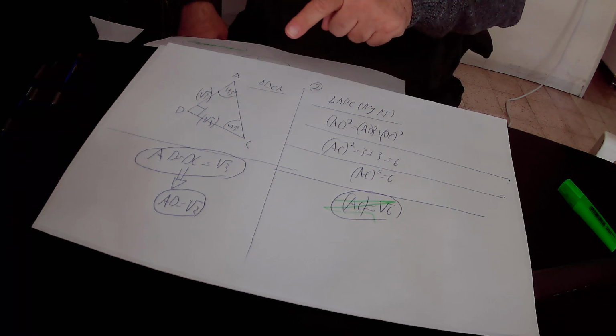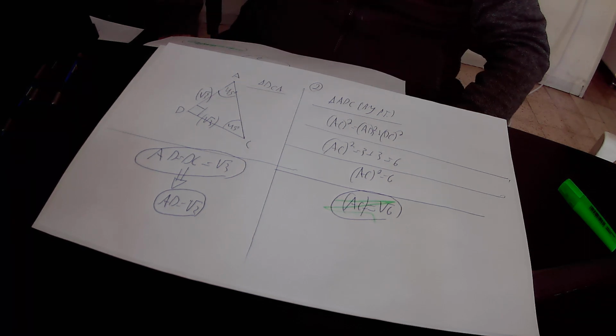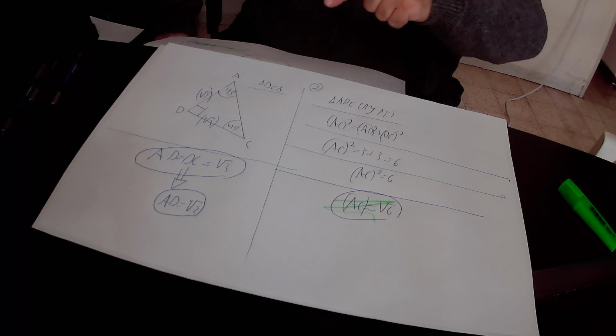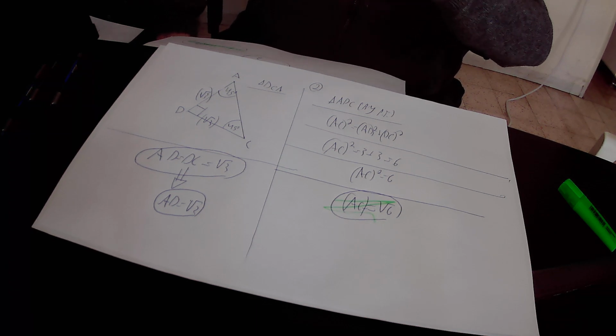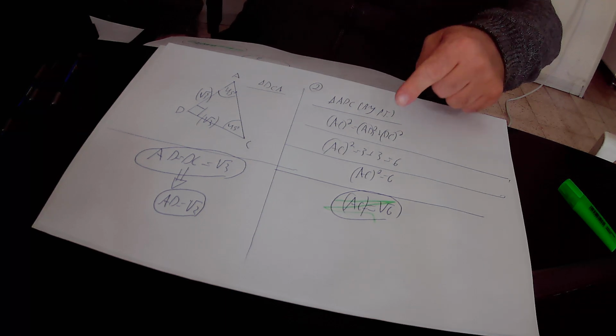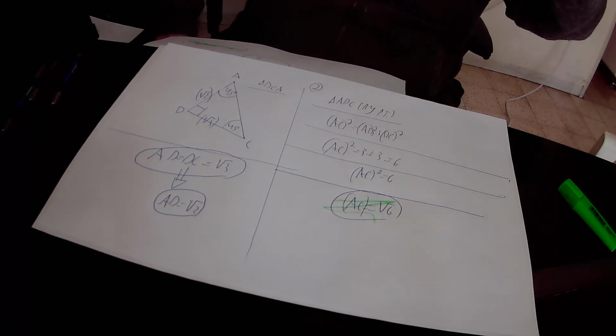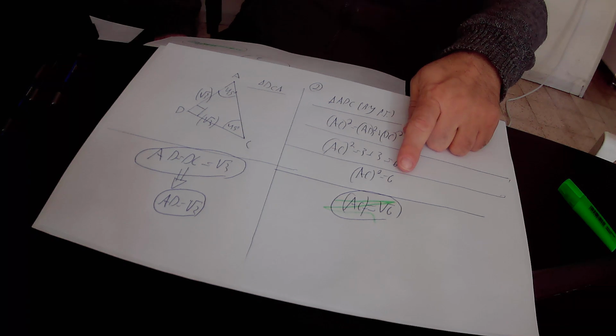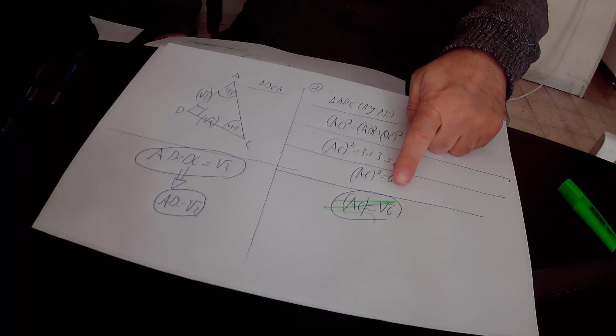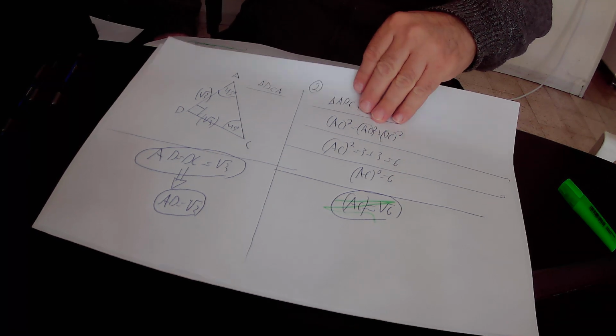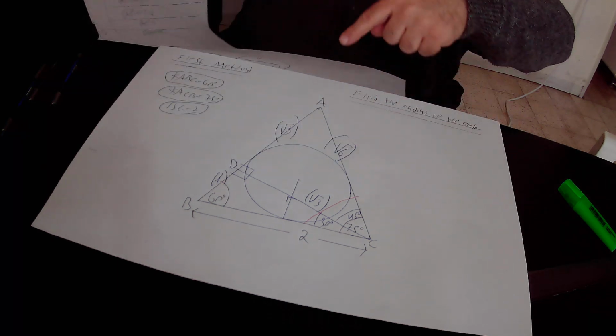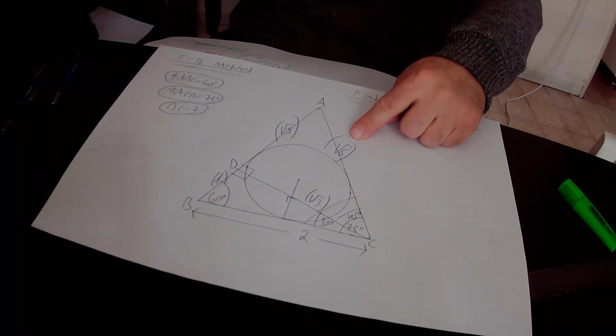AD is the square root of 3, therefore AD squared is 3, plus DC squared. DC is also the square root of 3, therefore DC squared is 3. So in total, AC squared equals 3 plus 3, that is 6. AC squared equals 6. We take the root of this equation and finally find that AC equals the square root of 6 units in length. Here, side AC of this triangle ABC equals the square root of 6 units in length.